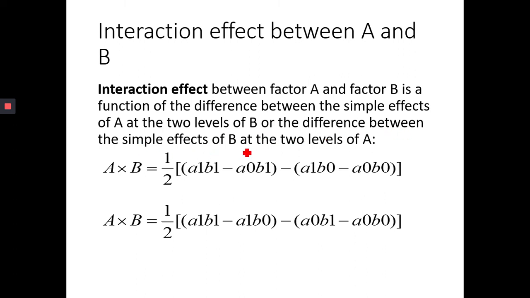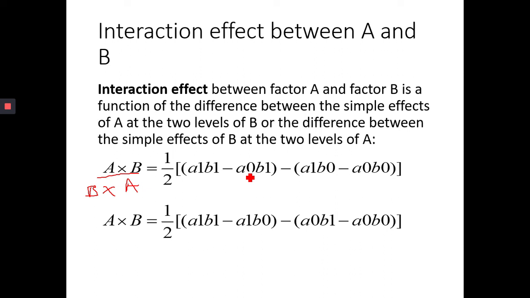A cross A by B simply means the interaction between A and B. And I want you to take note that it is the same as B by A. When we write like this, it's still the same thing. That is why even the definition here allows us to talk in terms of A towards B, and we can also talk of B towards A, and it is simply equal.